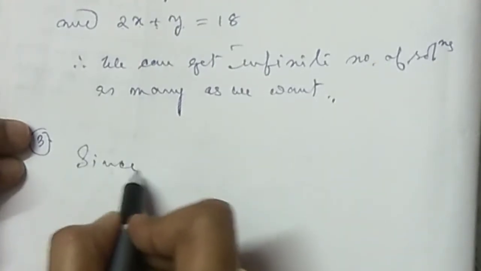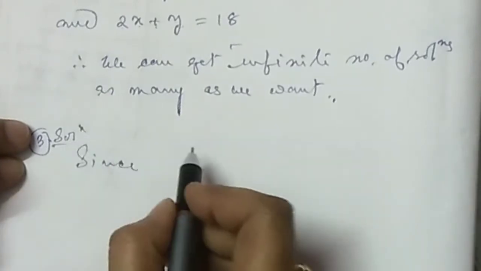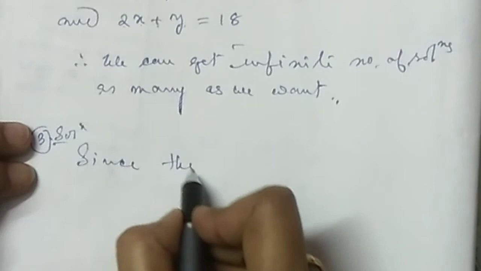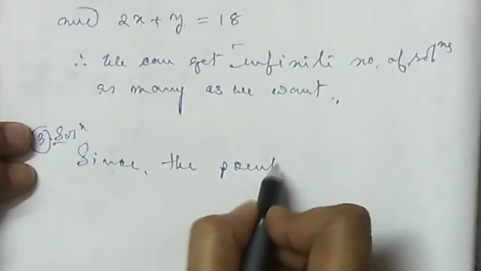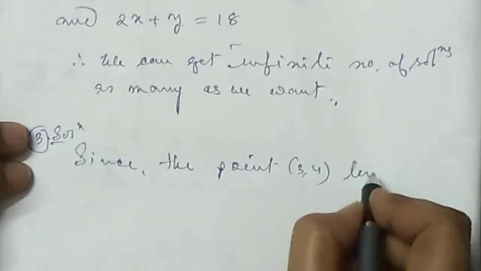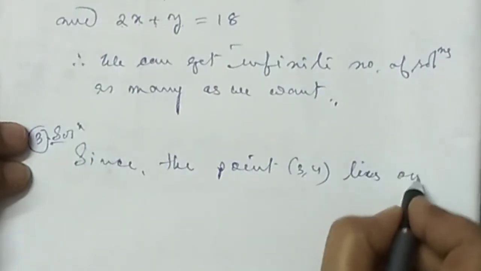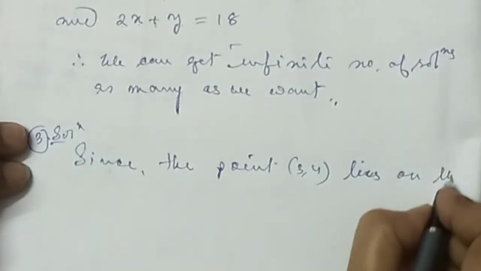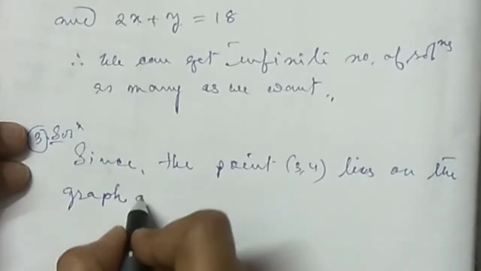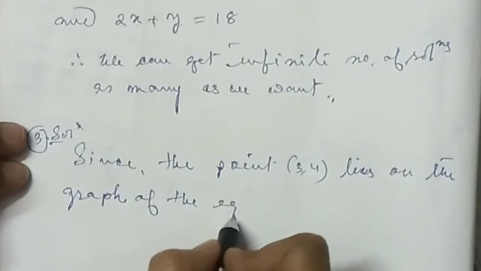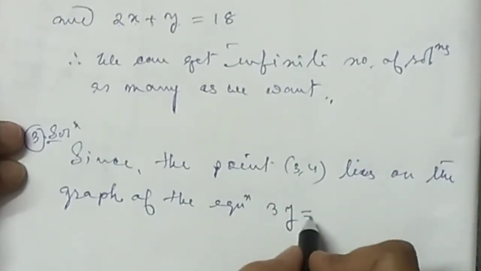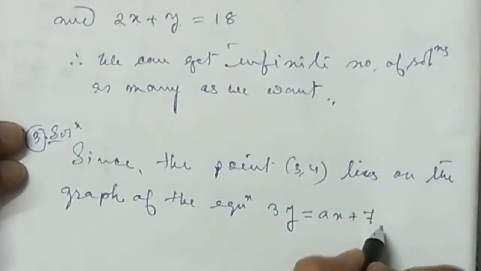Since the point (3, 4) lies on the graph of the equation 3y is equal to ax plus 7.